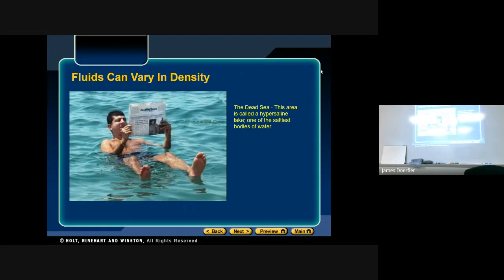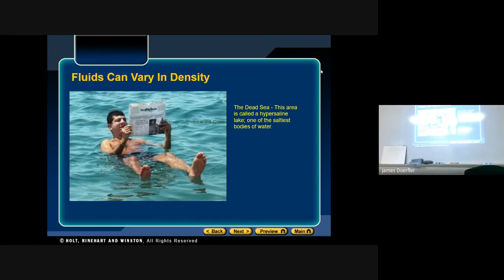What's happening here? Other than a gentleman enjoying a nice read of the paper, which I knew was coming. Hey, why is he floating? This is the Dead Sea. What about the salt? Very salty.